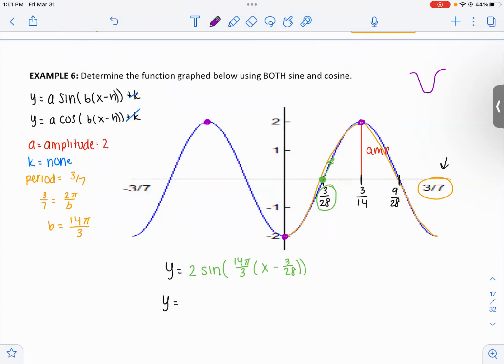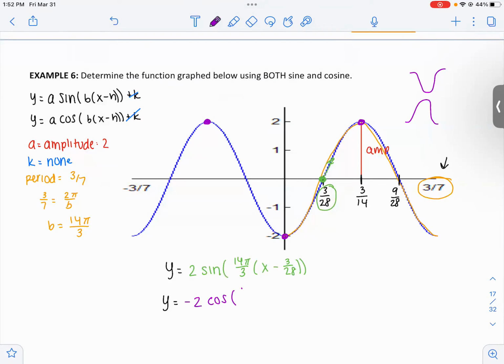So is there a different transformation that I could say that would make me basically flip my graph? Gotta stand on its head. Absolutely. That keyword flip should have told you what you're looking at. We could go ahead and just throw a negative sign at the very beginning of my equation, and that would tell me that I'm going to flip my graph. So let's make that amplitude negative, and then I know that I'm flipping.